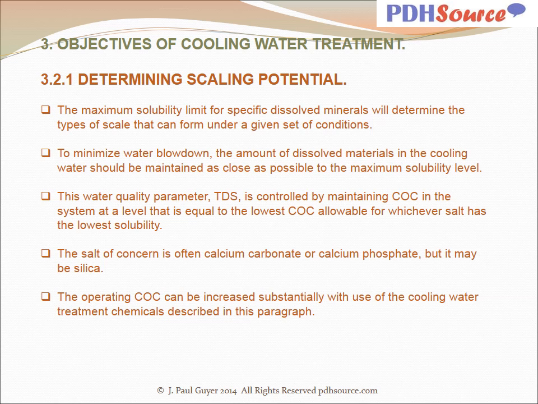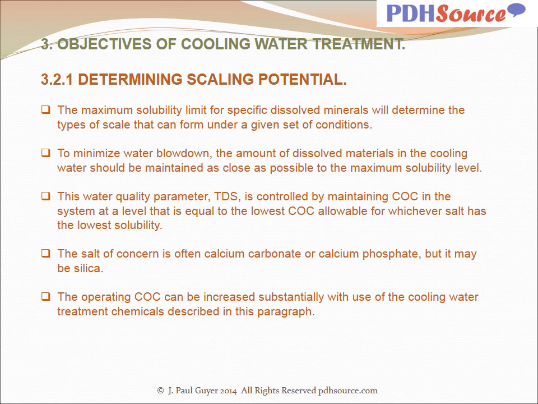Determining the scaling potential. The maximum solubility limit for specific dissolved minerals will determine the types of scale that can form under a given set of conditions. To minimize water blowdown, the amount of dissolved materials in the cooling water should be maintained as close as possible to the maximum solubility level.